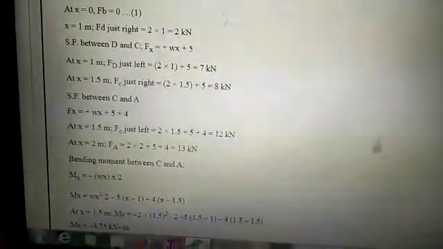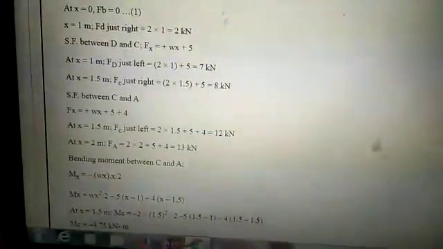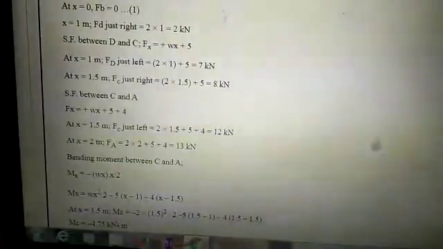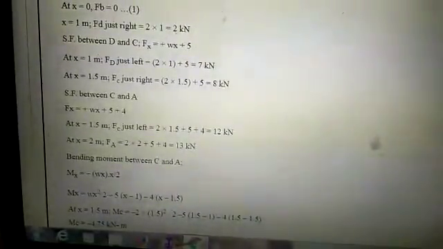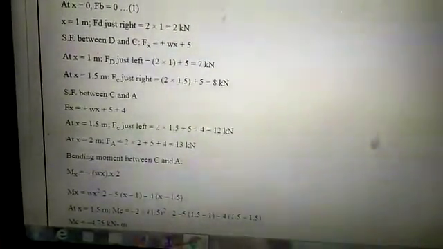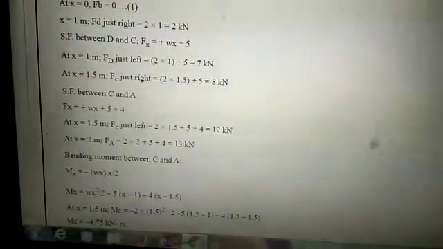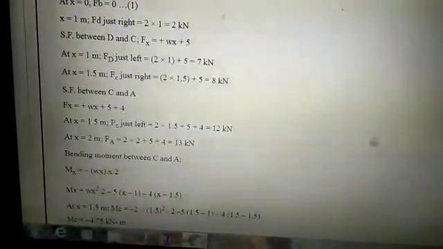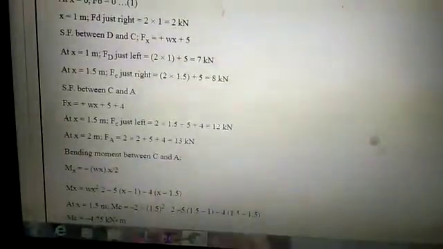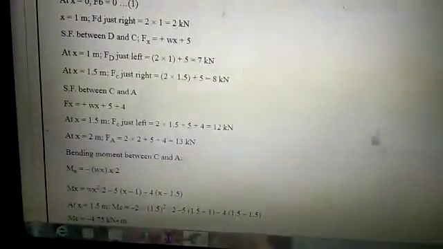And at X is equal to 1.5 meter, that is at FC, just right side, it will be 2 into 1.5, 1.5 is the amount of x, plus 5 is equal to 8 kilonewton.